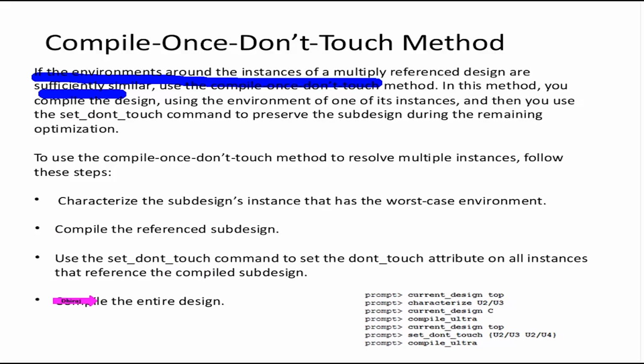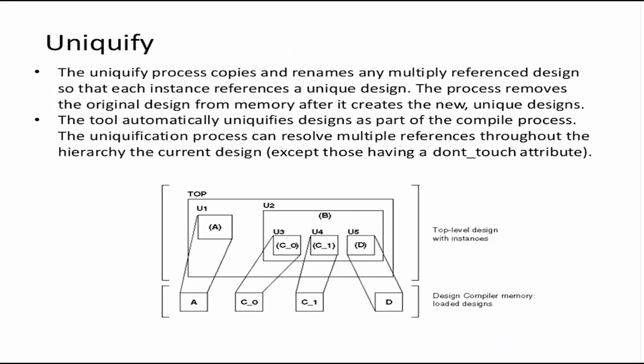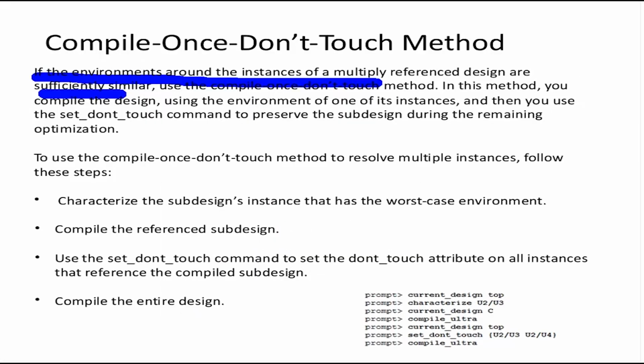For example, we set the current design to be top. We characterize U2/U3, which is this design. We will characterize only one of C3 or C4. We need to characterize only one. So we characterize U3. We set the current design to be C and do a compile.